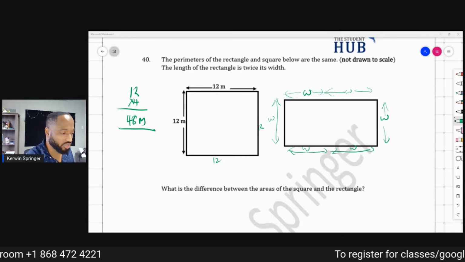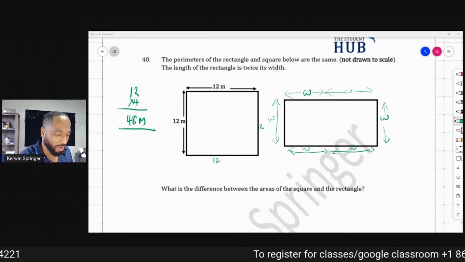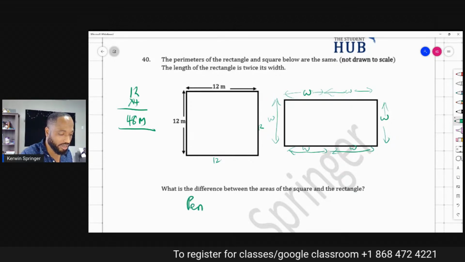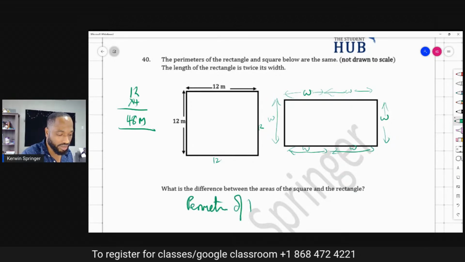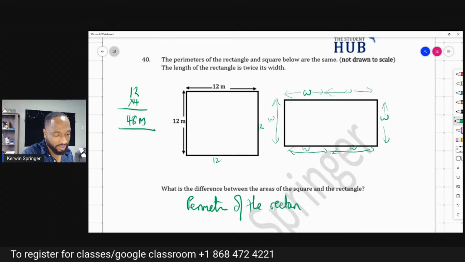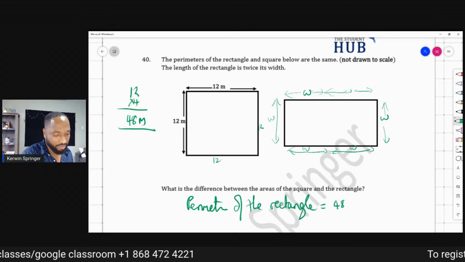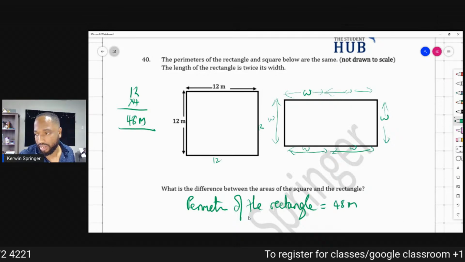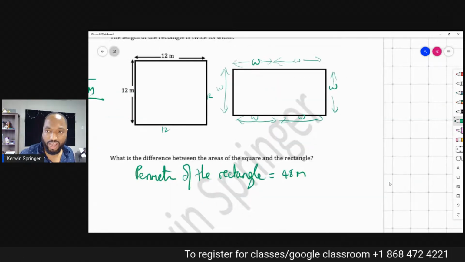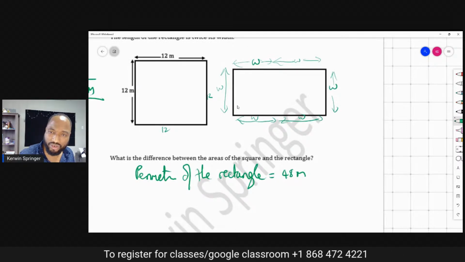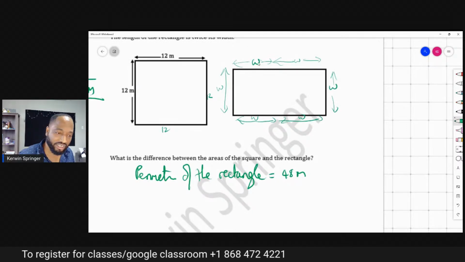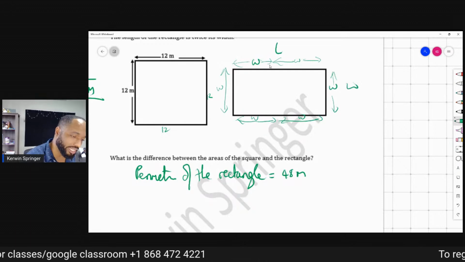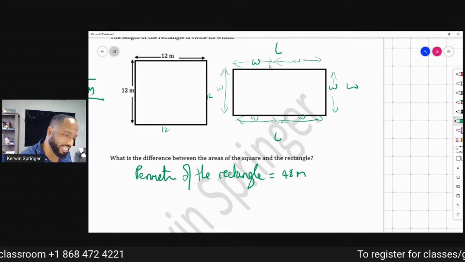So 12 times 4 is 48. So the perimeter of the rectangle is equal to 48 meters. And we have this perimeter of the rectangle being like, all right, there's a length, there's a width, there's a length, there's a width, but the length is really two widths.